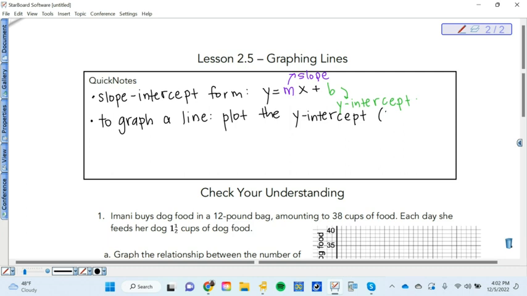Right, and that's at (0, b), whatever b is in our equation. So we plot the y-intercept, then use the slope to plot a second point. And then using a line, we connect those 2 points together.